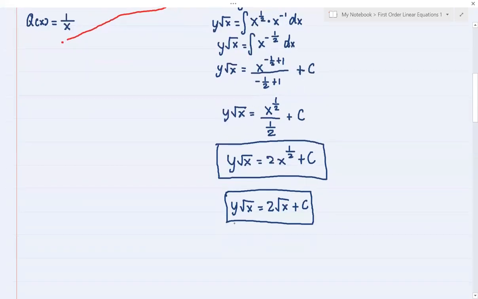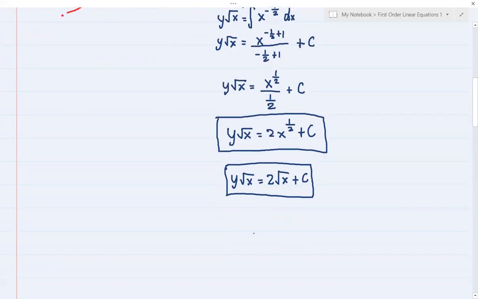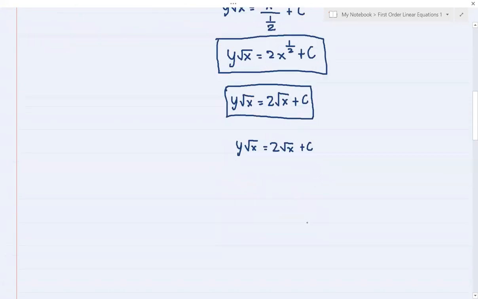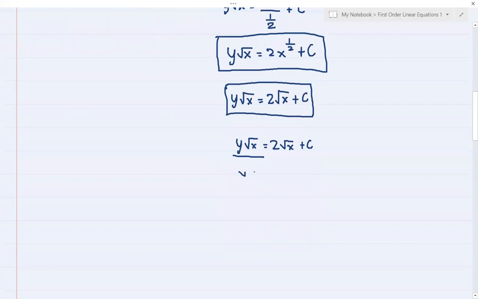Okay, now, you can leave this as your final answer, but just like what I mentioned earlier, if you want to make y in terms of x, there's no problem. We have y square root of x is equal to 2 square root of x plus c. We can simply divide both sides by square root of x. As a result, you will have y is equal to 2 plus c all over square root of x.